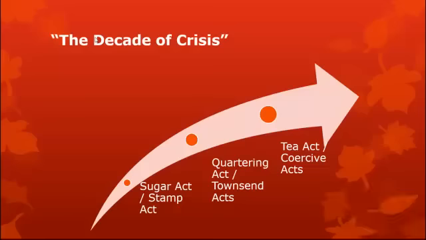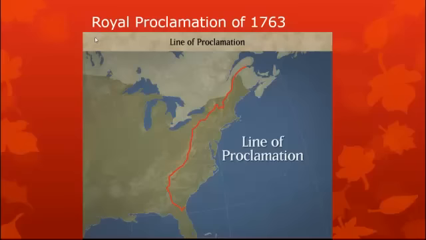So what happens in the decade of crisis is one event leads to another until violence breaks out in the colonies. And the first British reform that kicks off these tensions is the Royal Proclamation of 1763, which drew a line on the map that you can see in the image, called the Line of Proclamation.